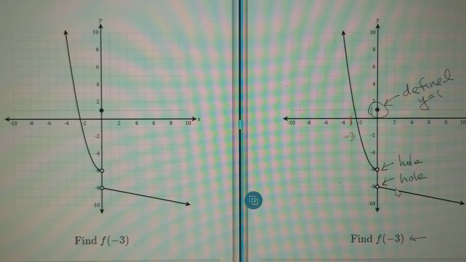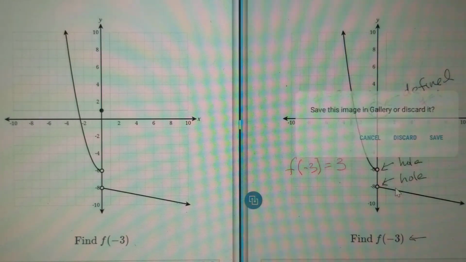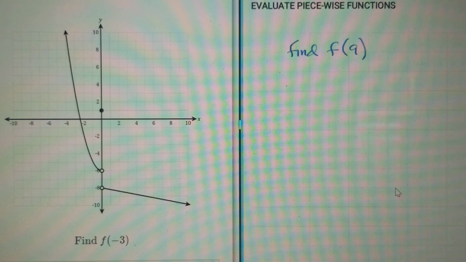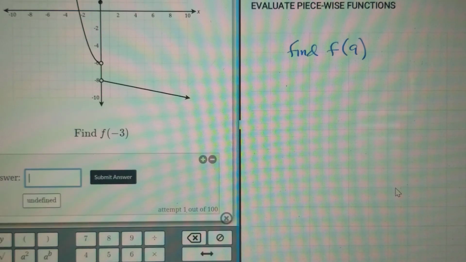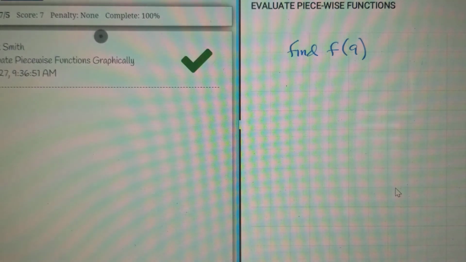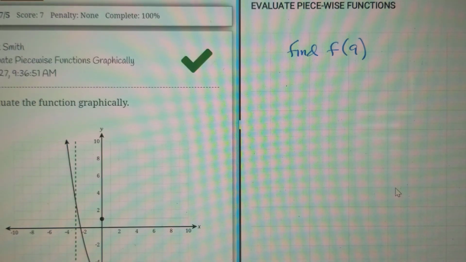And so if I go up until I hit the line, at y equals 3, f of -3 is equal to 3. Let's go back over here, and we said that was equal to 3, so we're going to submit that as an answer, and we get a check.